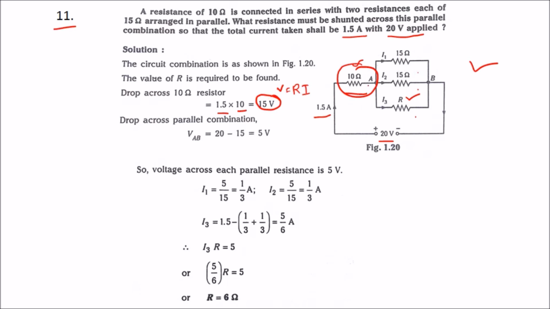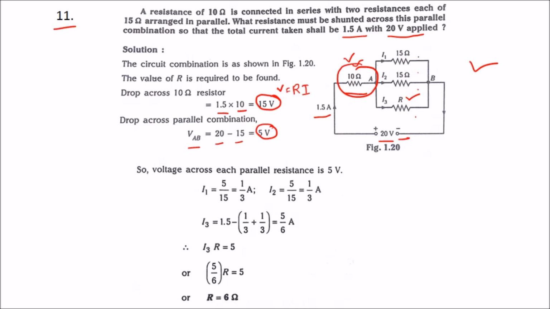So we got the voltage across the 10 ohm resistance. The voltage across the parallel resistance will be the supply voltage minus this voltage. Therefore, VAB is equal to 20 minus 15. Therefore, the voltage across all these three resistances will be 5 volts.